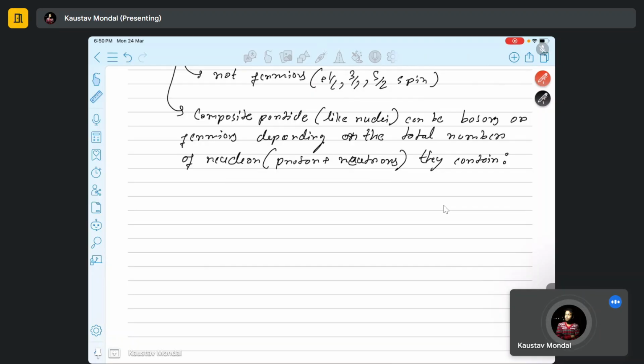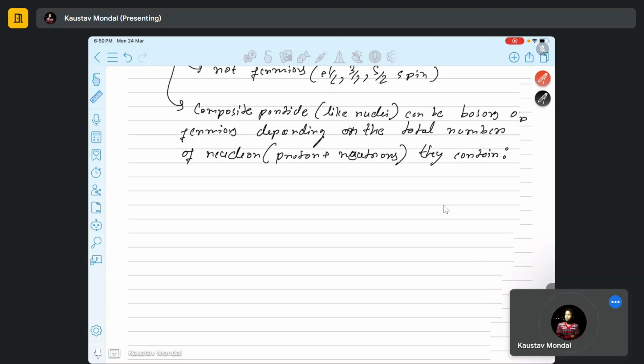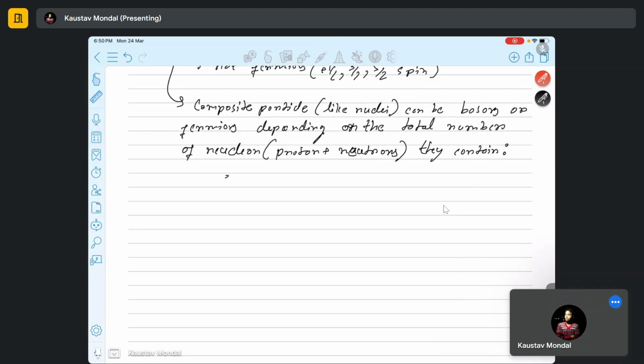If they contain an even number of nucleons, then they are bosons.